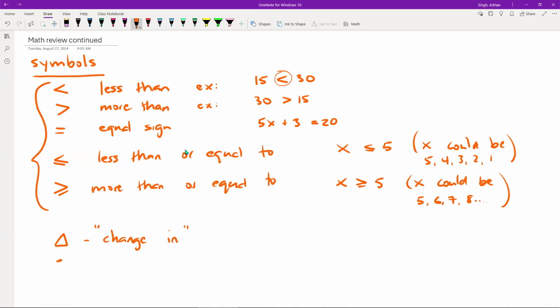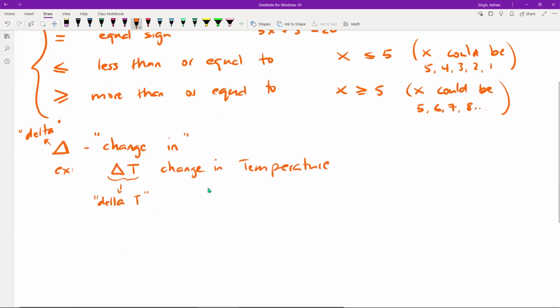So for example, we can say triangle T, and this would mean change in temperature. And by the way, this triangle here, it's a Greek symbol. It's called delta. And that's how you read that. So if you have triangle T, we would read that as delta T, and delta of anything means the change in that thing. In this case, it's a change in temperature.